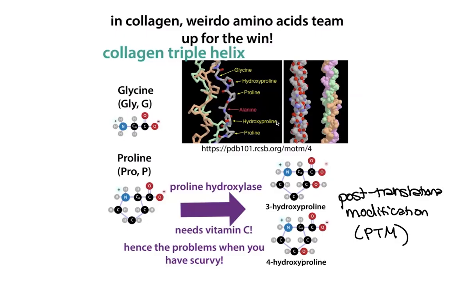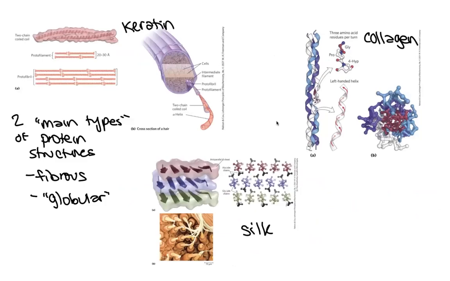And it's why if you don't have enough vitamin C, you can't make those post-translational modifications, and you make your collagens all weak. And so then you get scurvy. So, yeah, your book goes into a little bit of that if you're interested. But basically, this is an example of a fibrous protein. You basically have these repeating units that join together and make some sort of structural protein.